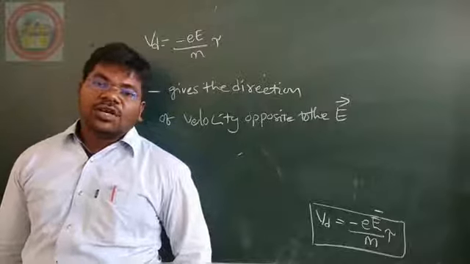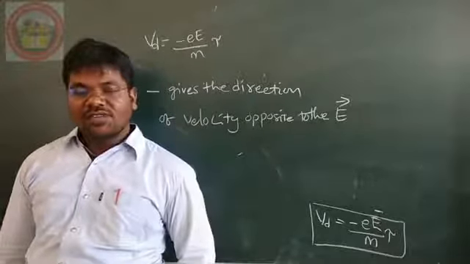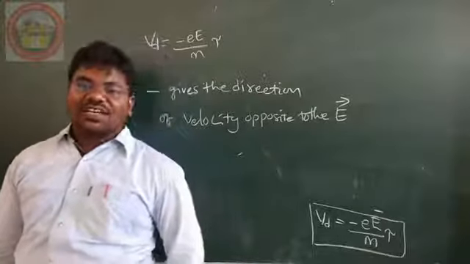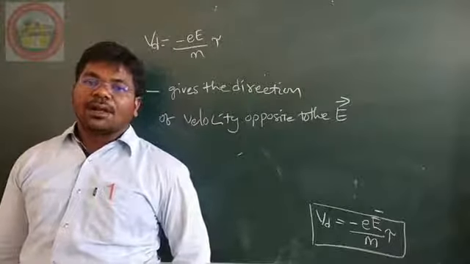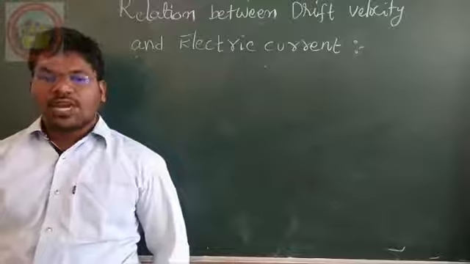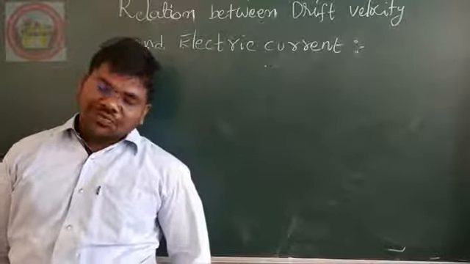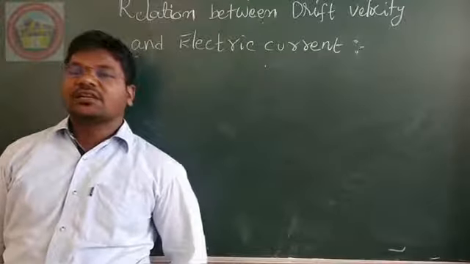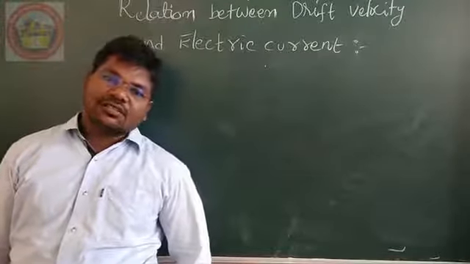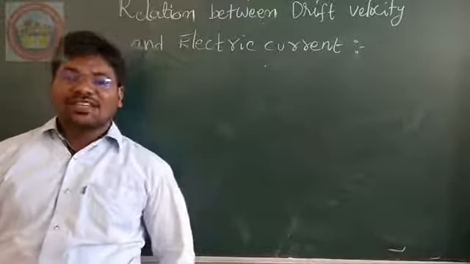The order of drift velocity inside the conductor under the influence of an external electric field is 10 power minus 4 meter per second. Coming to the relation between drift velocity and electric current.